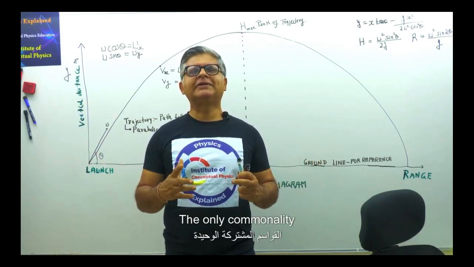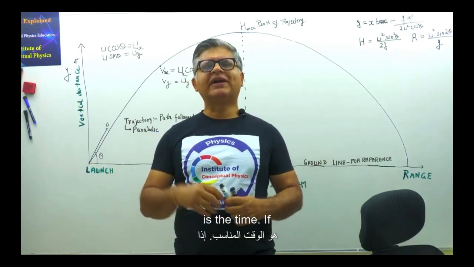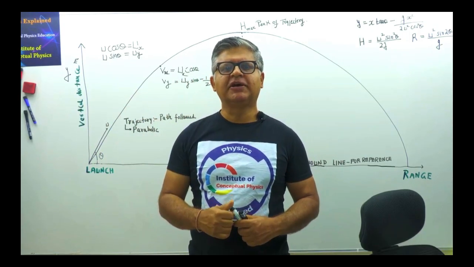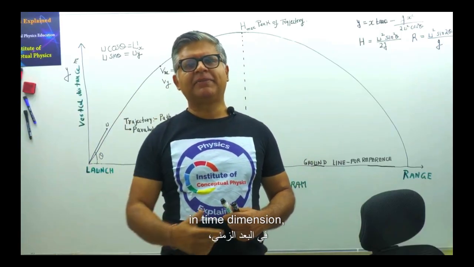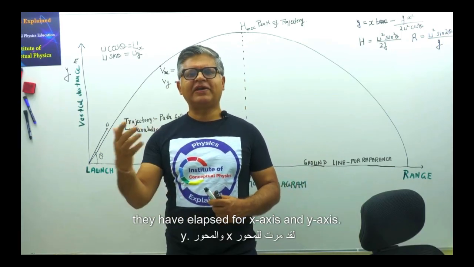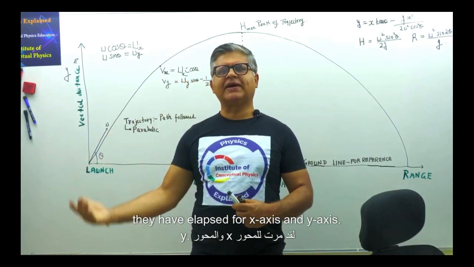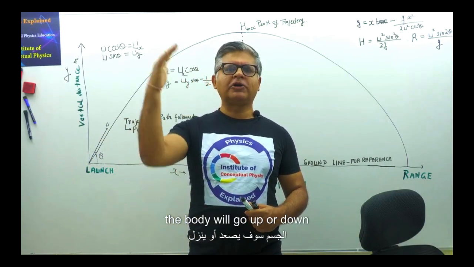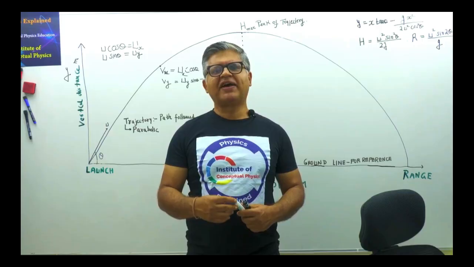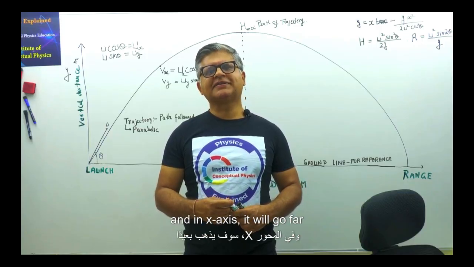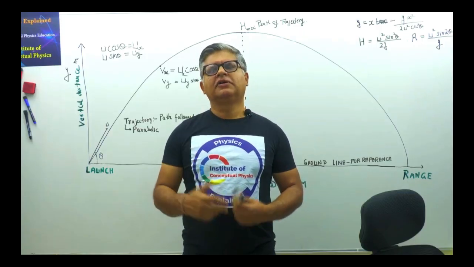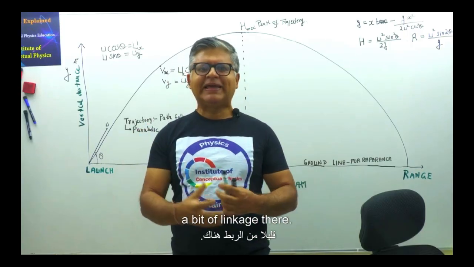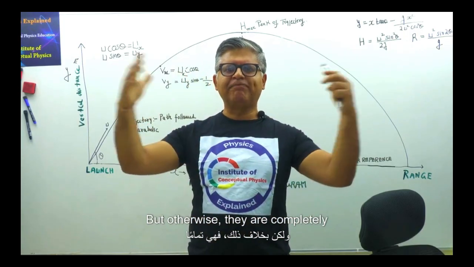The only commonality between these two is time. If 5 seconds have elapsed in the time dimension, they have elapsed for both the x-axis and y-axis. So in 5 seconds, the body will go up or down in y, and in the x-axis, it will go far in the same time. So that's a bit of linkage there. But otherwise, they are completely independent.